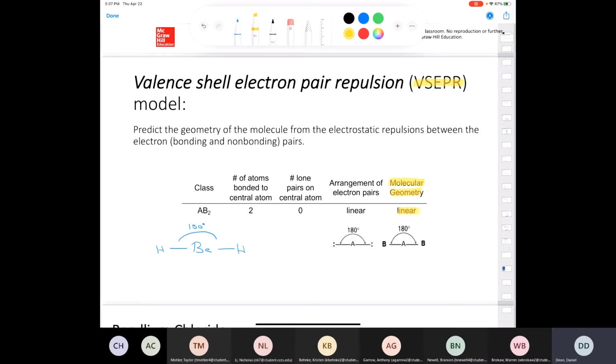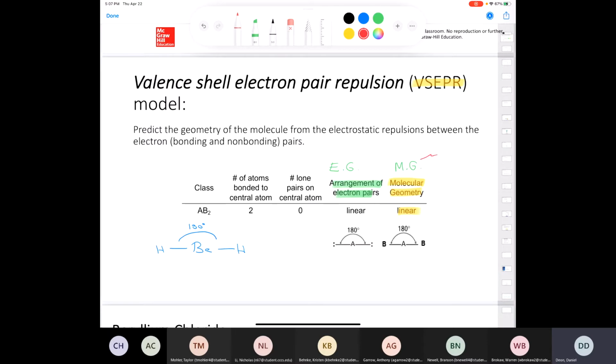Now, before we move on, I want to cover one more concept before we get to the next slide. You're going to hear me say molecular geometry a lot this evening, and you're also going to hear me say arrangement of electron pairs, which Mr. Dion likes to call electron geometry. So I'll oftentimes call that electron geometry, and I'll call this molecular geometry. The difference between molecular geometry and electron geometry is this.